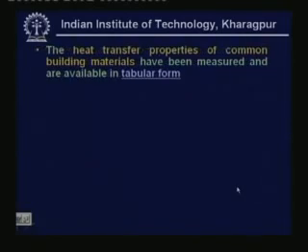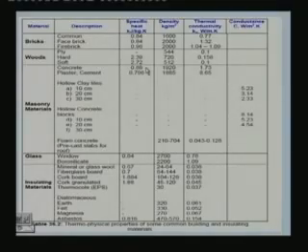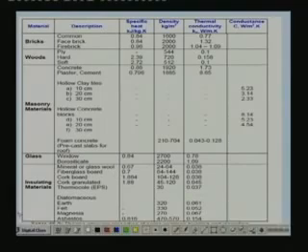The heat transfer properties of common building materials have been measured and are available in tabular form. Let me show typical values. You can see here that for a wide variety of commonly used materials, you have the properties. For example, under bricks you have common brick, face brick, fire brick.